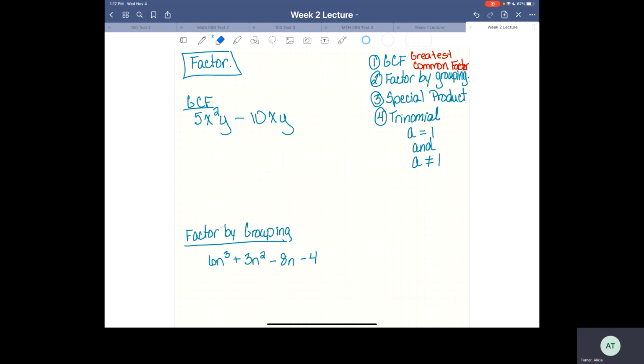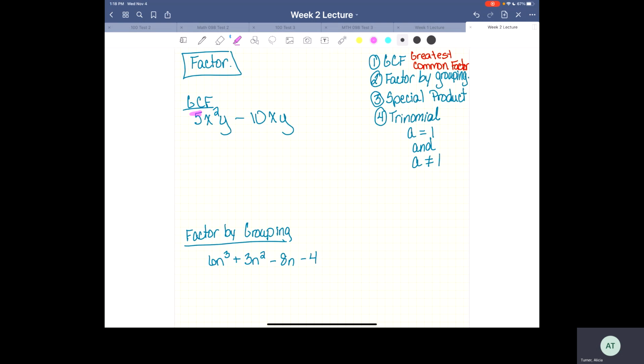That's what I'm looking for. Some students like to think about it as the opposite of the distributive property, because we're pulling things out. Is there something common to both?